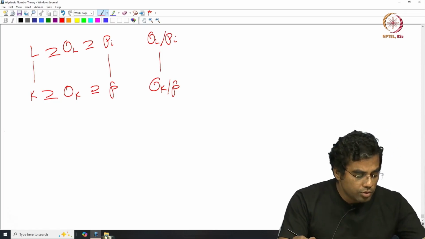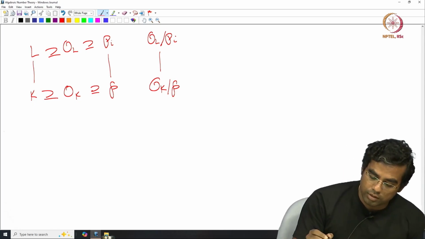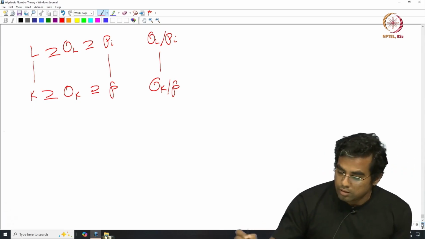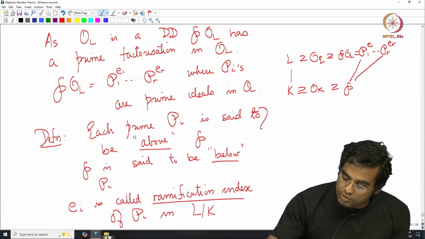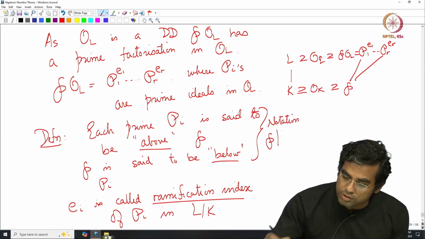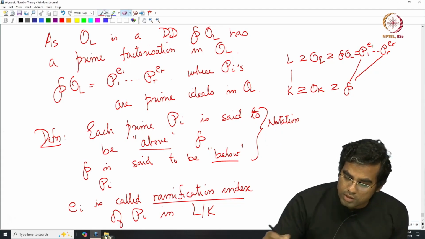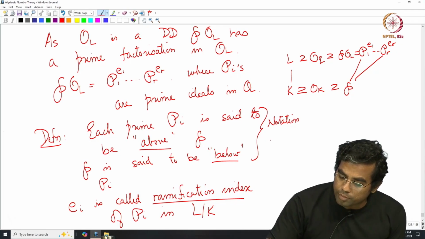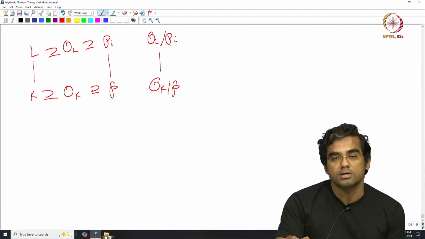Another way of writing above or below is like this: Pi divides P. So, here Pi divides P.